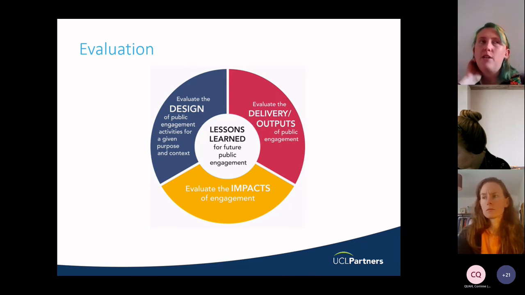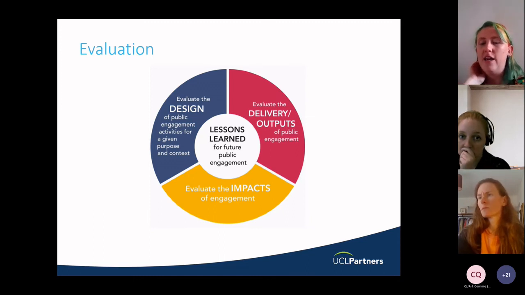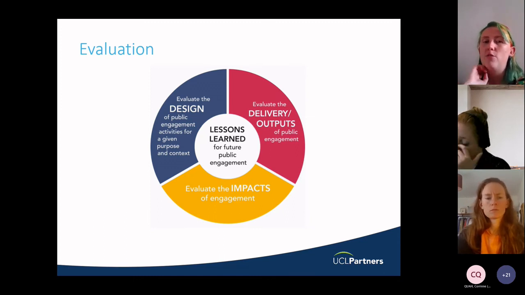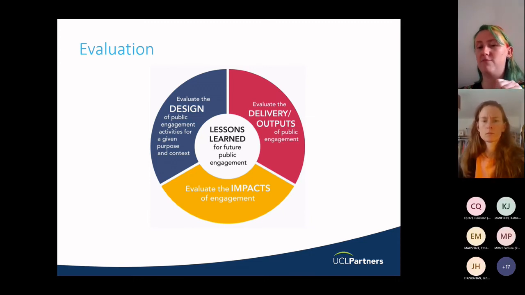So evaluation is something that you should think about whilst you're planning your activity or your program, so that you actually have the opportunity to reflect and learn right from the get-go. And you're not doing this thing that lots of people do, that they forget that they should be evaluating, or they don't really think about the learning.